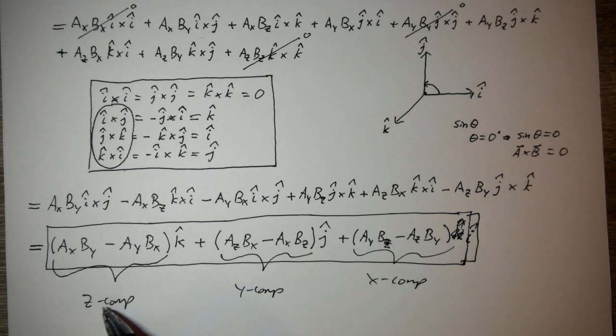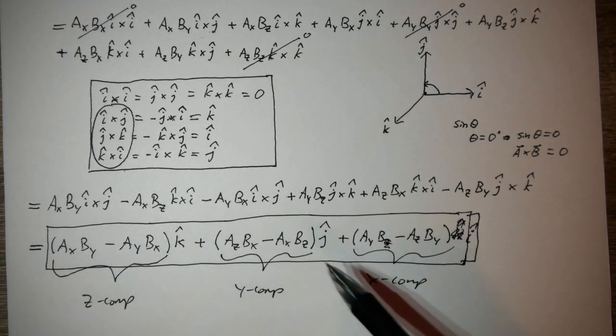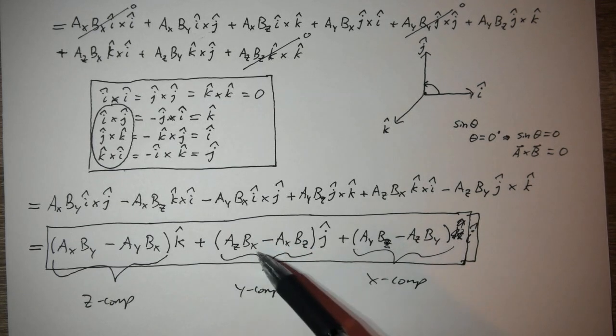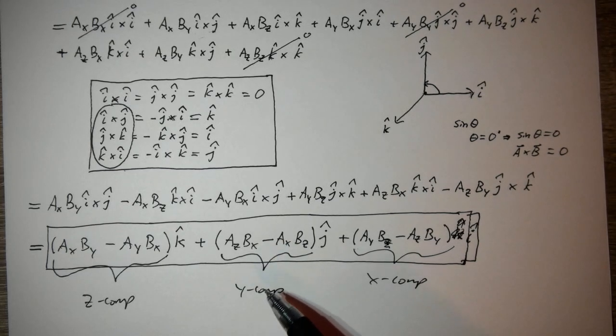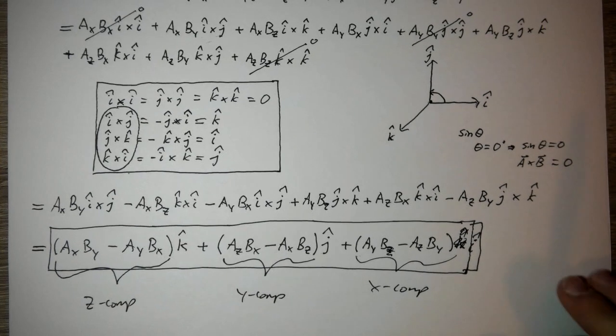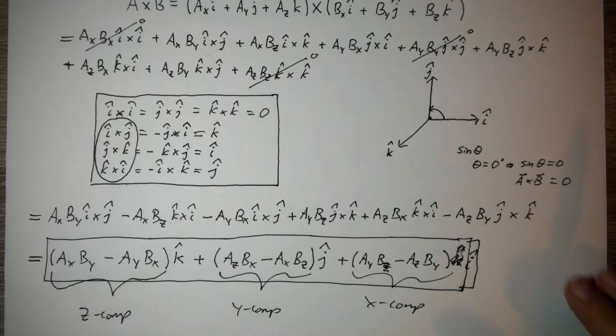The Z component of the cross product vector is in terms of the X and Y components of A and B. Same with the Y component. There's no Y component in here. It's in terms of the Z and the X components. So that is the component definition of the cross product, and we will talk about how we can calculate those in following videos. Thanks for watching.